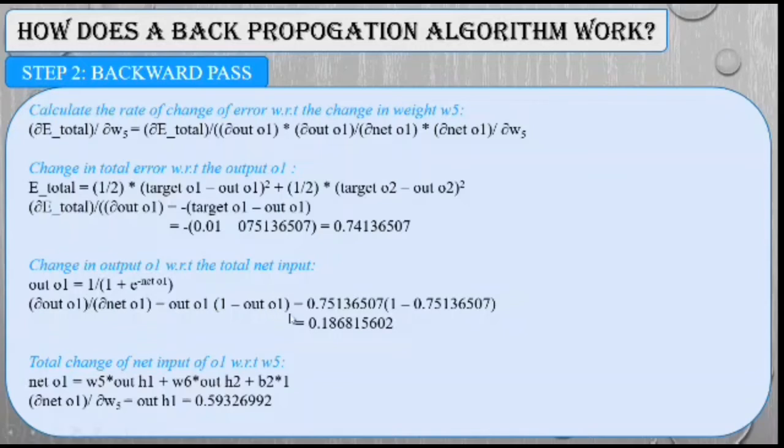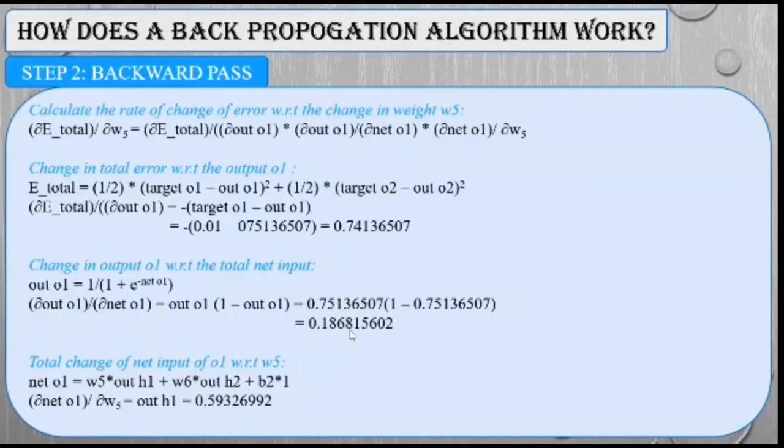After differentiating, we get out O1 into 1 minus out O1. When you substitute the value of out O1 and solve, we get the partial differentiation of out O1 with respect to net O1 as 0.1868. So we got the value of the second term also.